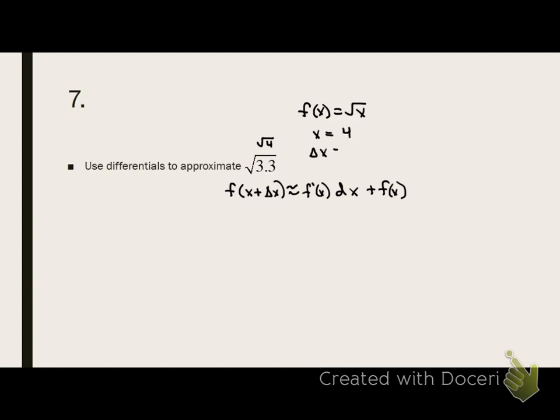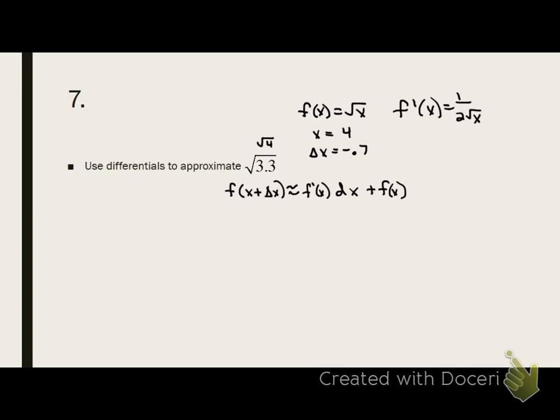Delta x is 4 plus what, giving me 3.3. So negative 0.7. While we're right here establishing things, f prime of x, what's the derivative of square root of x? 1 over 2 square root of x.